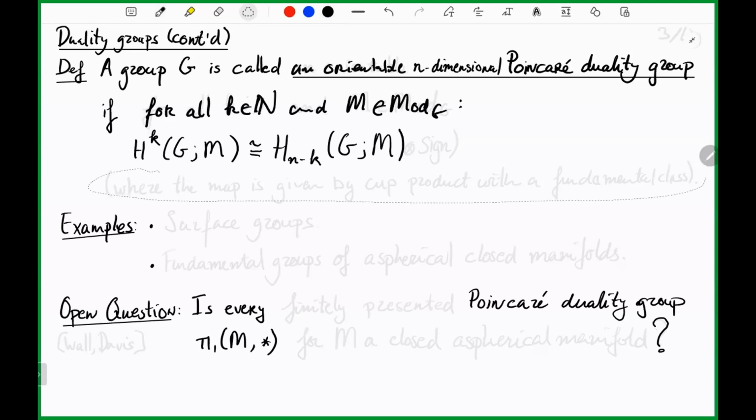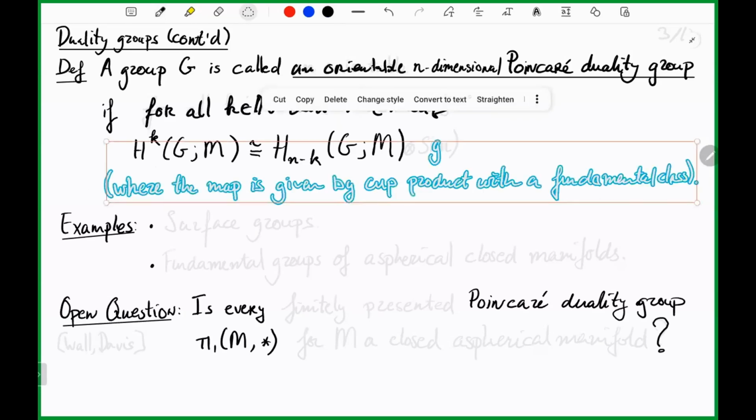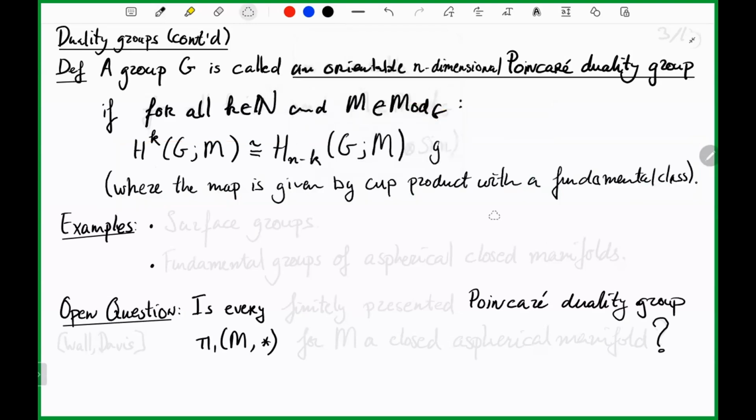And just to be clear, this map is actually given by a cap product with a fundamental class.